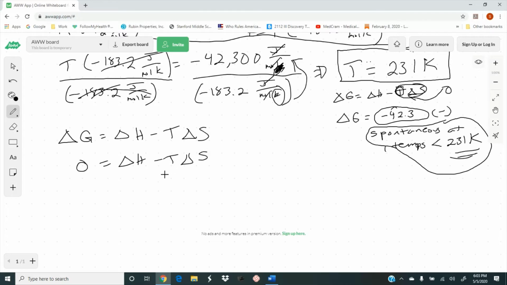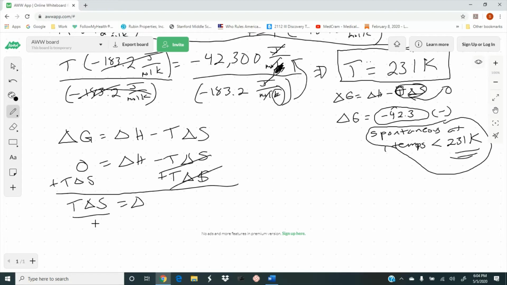Instead of having to plug the numbers in, just go ahead and add T delta S to both sides. And this works all the time. So you end up with T delta S equal to delta H. Divide both sides by delta S, and the delta S cancels here, and you come up with a new equation.